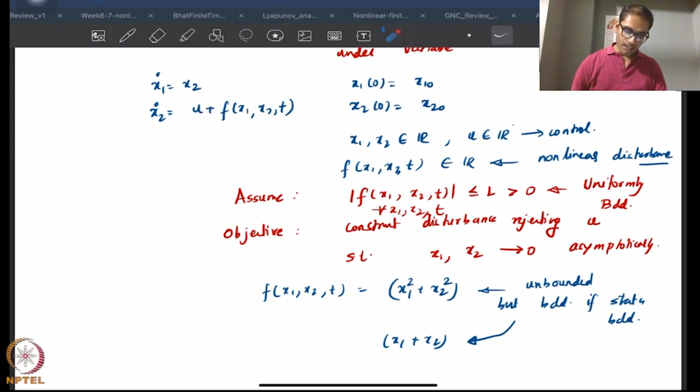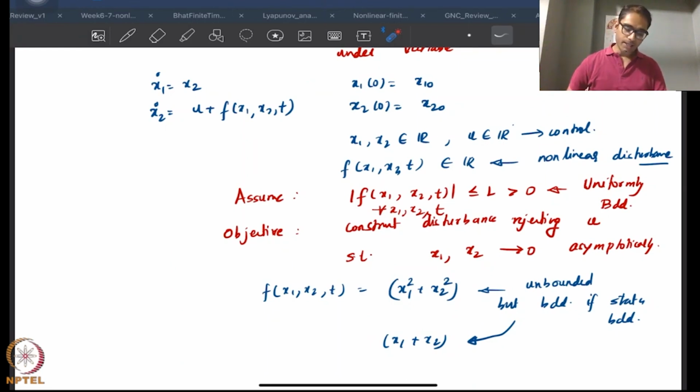The assumption is, of course, that the disturbance is uniformly bounded for all time and for all values of the states x1, x2, potentially in some domain. Now, as we already mentioned, it is a rather difficult requirement to have bounded disturbances for all states. Even if you look at basic polynomial or even linear examples of such functions, you will find that there is no boundedness for all values of states.